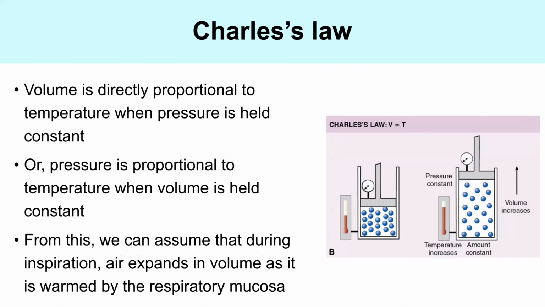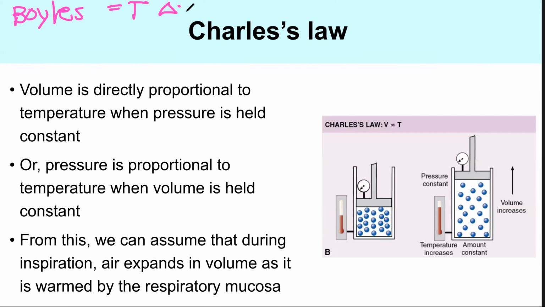constant. Okay, and so if I just wanted to think about this for a second, Boyle's law, I'm just going to write it up here in the top left corner here. Boyle's law said that we had a constant temperature and we had changing volume and pressure.